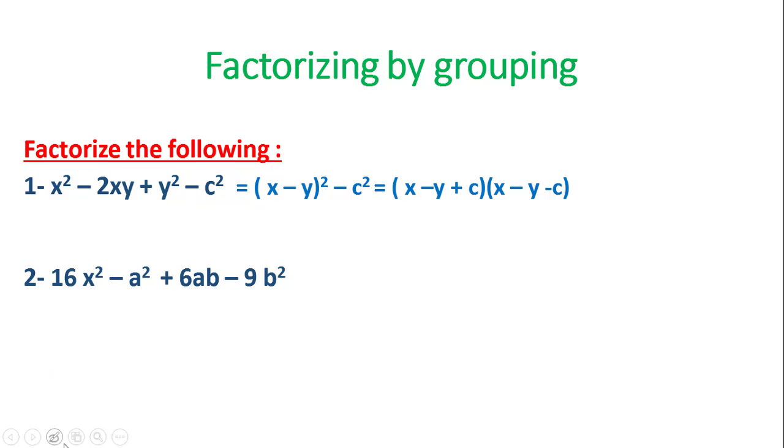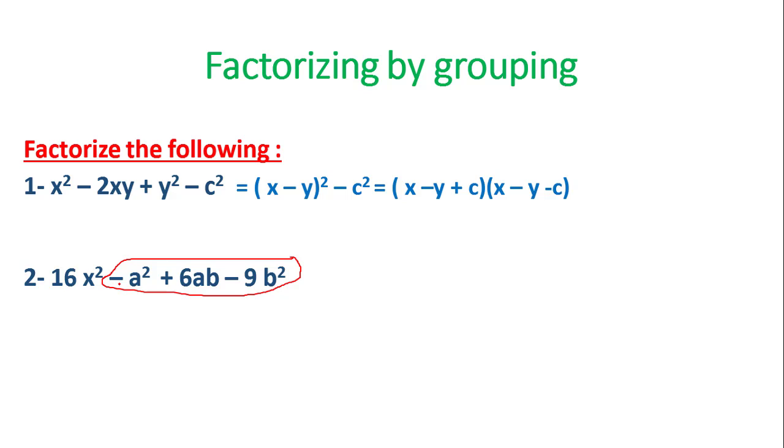The last one here we have 16x power 2 minus a power 2 plus 6ab minus 9b power 2. This part can be a perfect square, but we have a negative sign here.